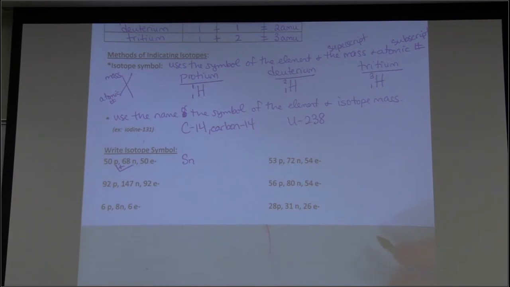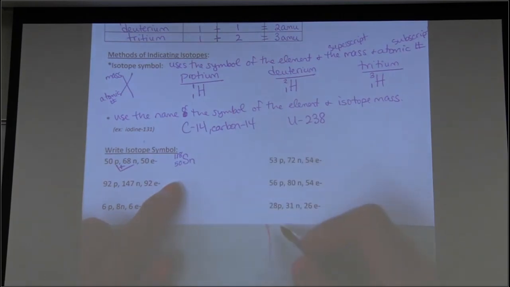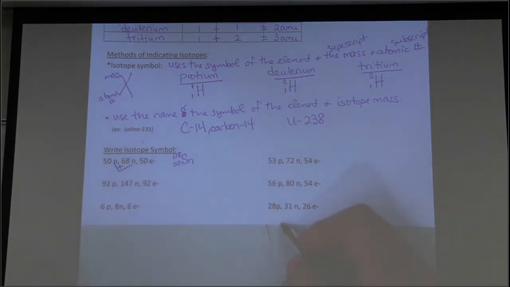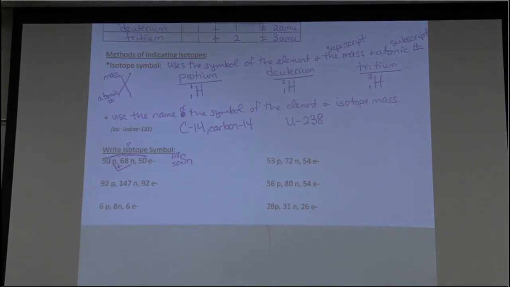We're not using periodic table mass. These are isotopes, so we get the mass here. What's the mass? 118. And then what goes down here? That's the atomic number. Now there's one more thing you have to do though. Are the electrons and the protons the same? Yes, they are. So is this an ion? No, this is not an ion.